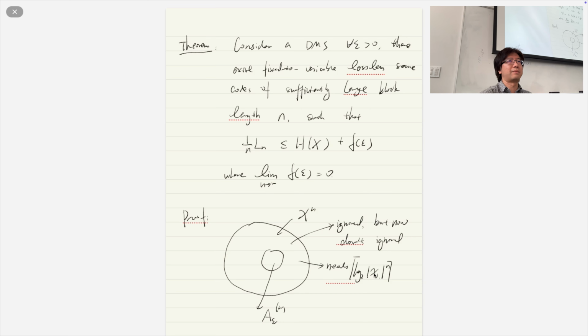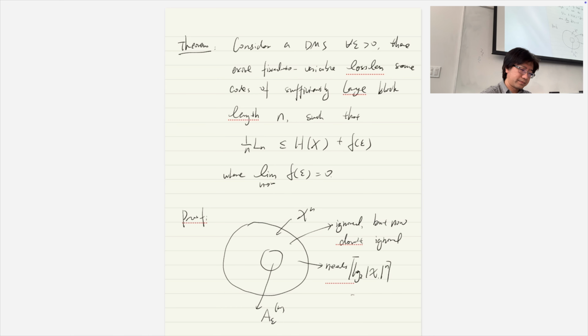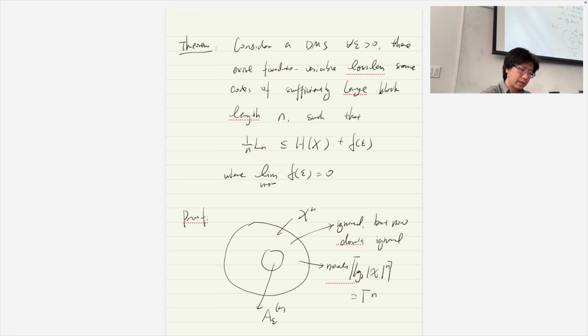This is the upper bound. It's definitely enough. So this equals n log |X|. This is the length of the code. We assign this length to all the source information here with this equal length.